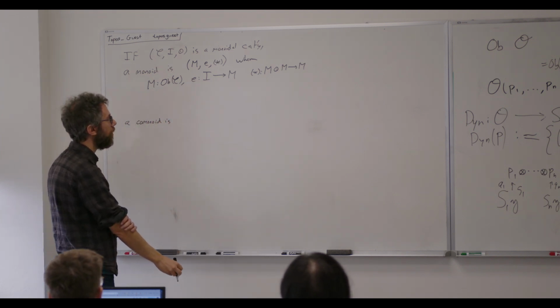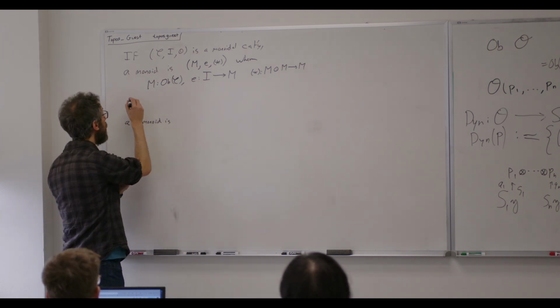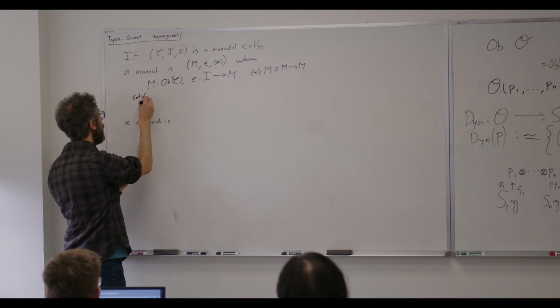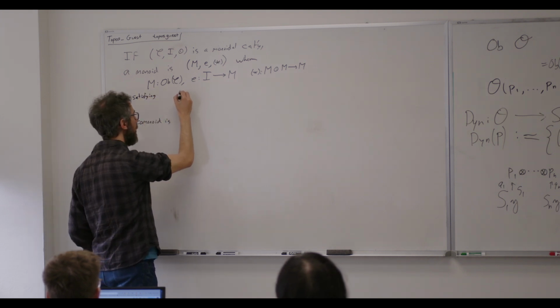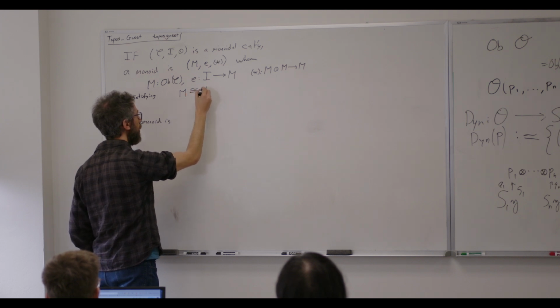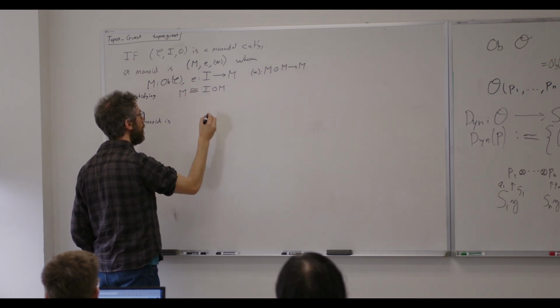What do they have to satisfy? Unitality. And to write unitality, you say, if I had an M, I could get an I in M.